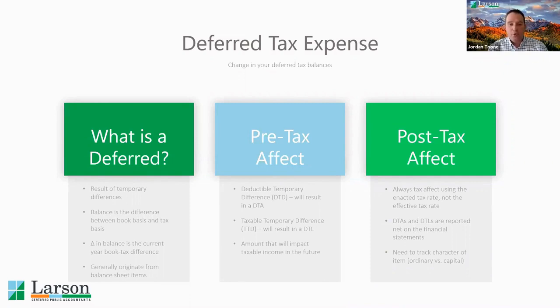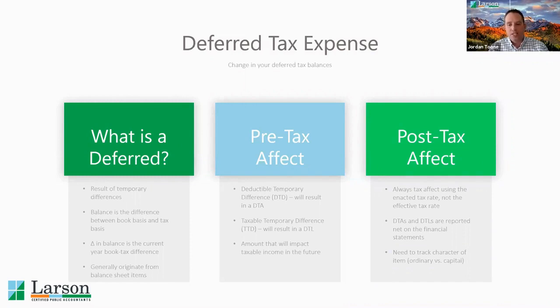And so when we valued these deferred items, these deferred tax assets and liabilities, we had to use the enacted tax rate. So on the 2017 financial statements, we used the 21% rate, even though the 2017 tax year was still using the 34 or 35% rate.